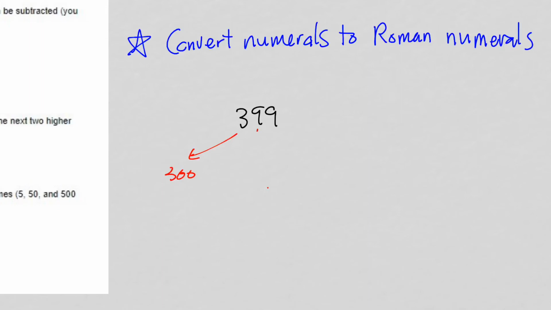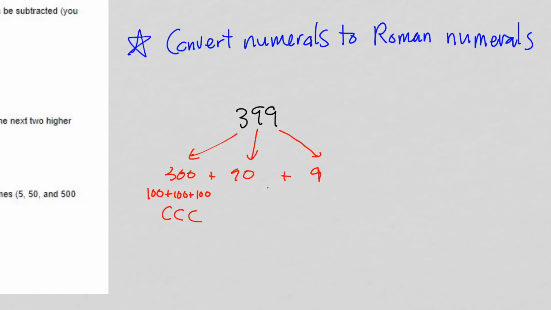And we want to separate this 9 in the second position, that's 90. And the 9 in the first position, that's going to be 9. We know that this 300 is actually the addition of 3 letters, so that's going to be 3 C's together.